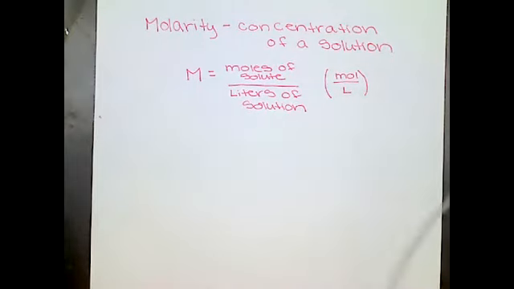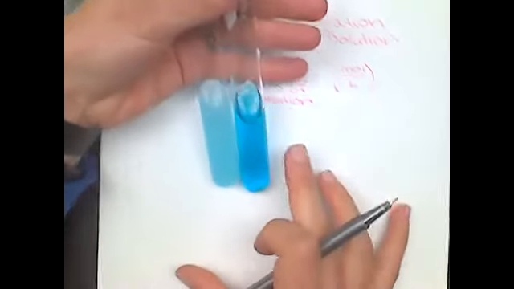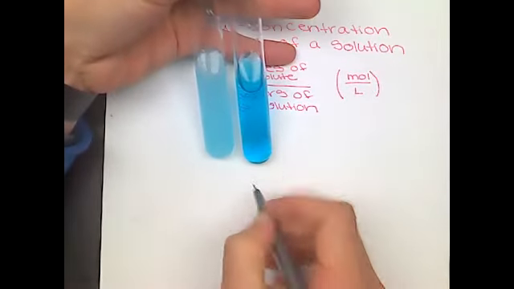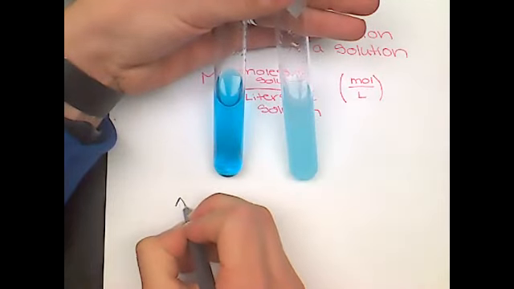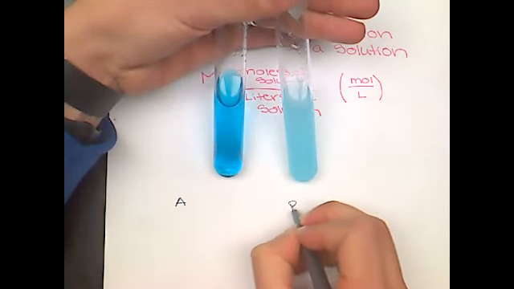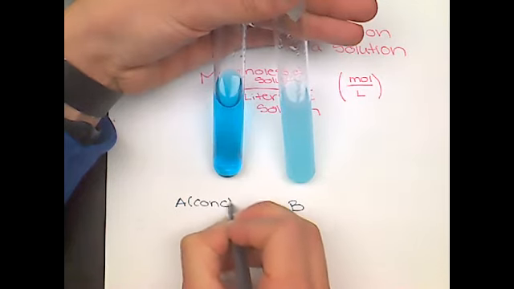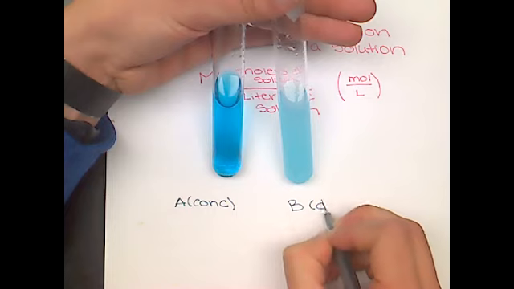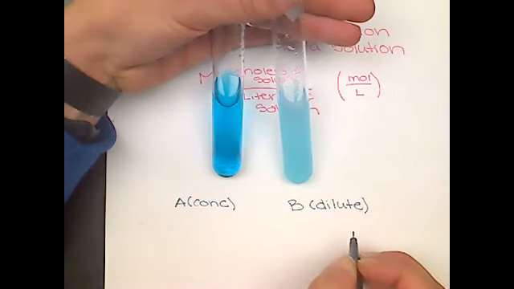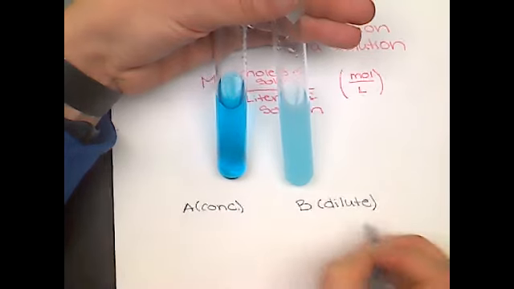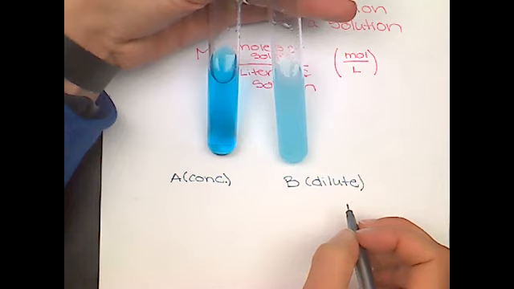Let's come back to here. Let's call this solution A and this solution B. We know this one is more concentrated and this one is more dilute, just by looking at the color. But we want to calculate exactly how concentrated and how dilute.